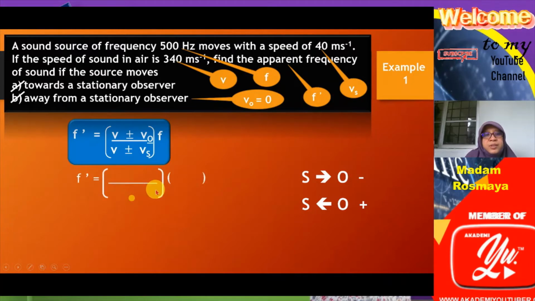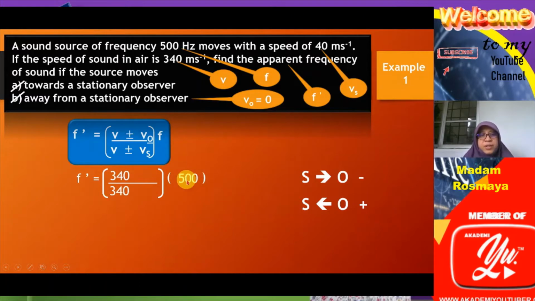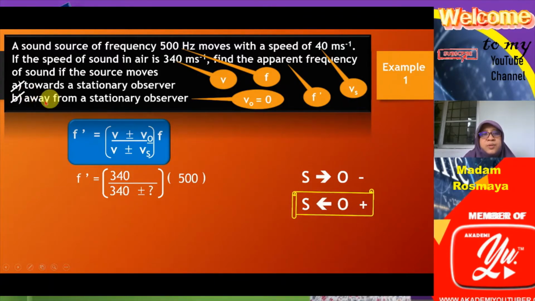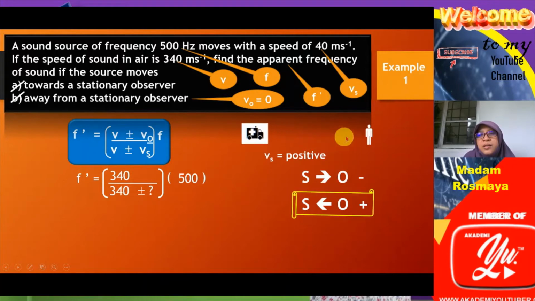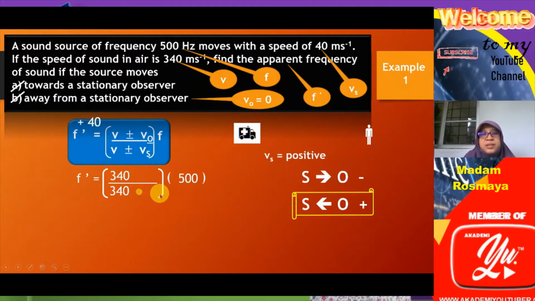Again from the equation, we substitute 500 for f and 340 for v. The stationary observer is 0, so no need to write it. For the sound source velocity, we use this one because the source is moving away from the observer, so it means plus, positive, plus 40 meters per second. Given vs is 40 meters per second, you calculate and get 447 Hz.